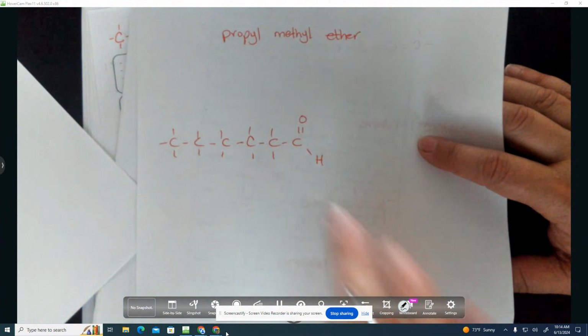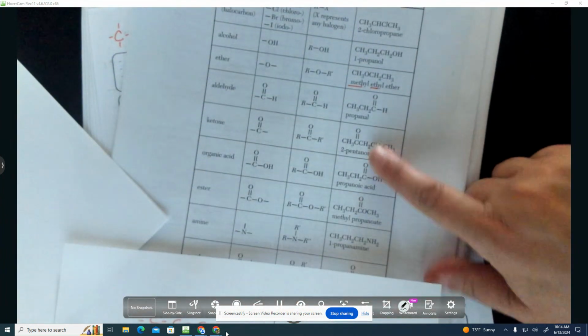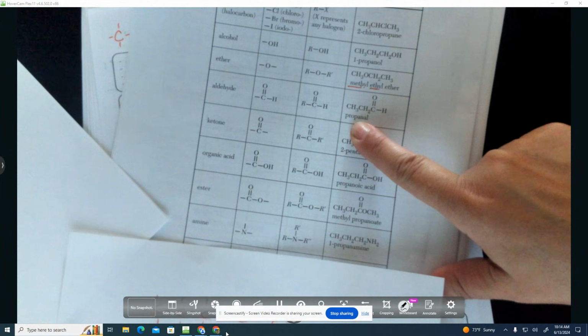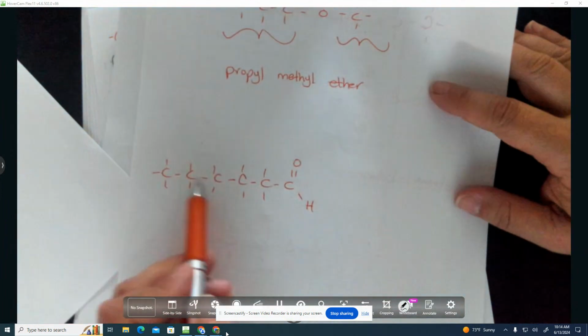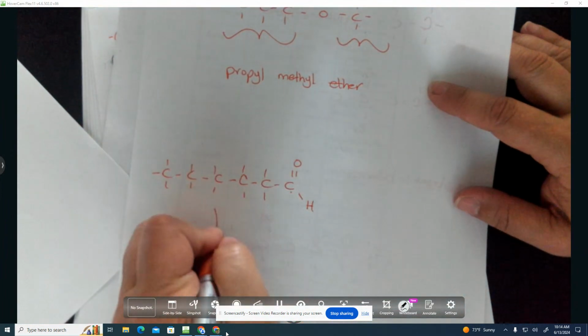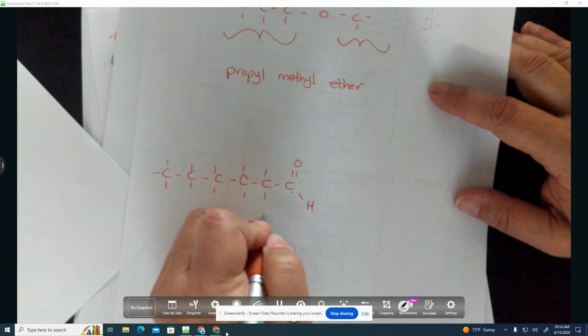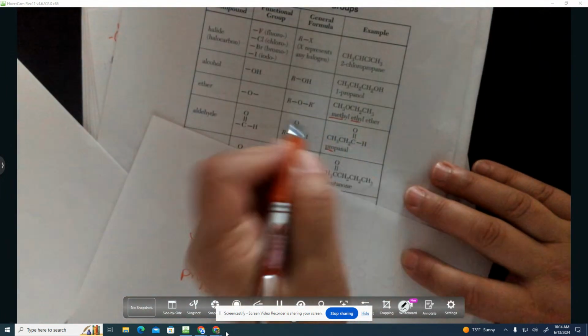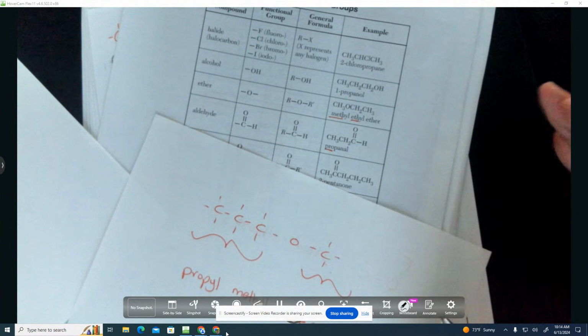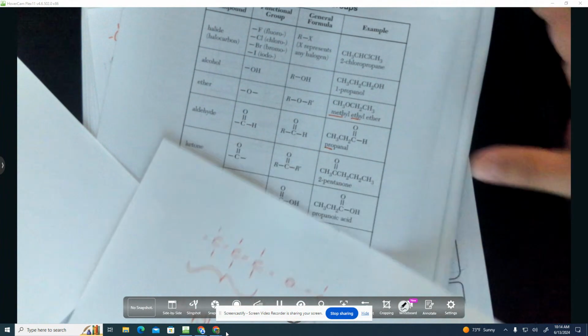That's an aldehyde. How many carbons do they have in theirs? 3. They had propanal. How many carbons do I have in mine? 6. So it's hexanal. All I did was change the prefix. Determine how many carbons you have.